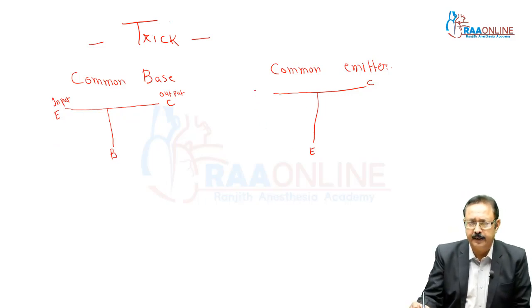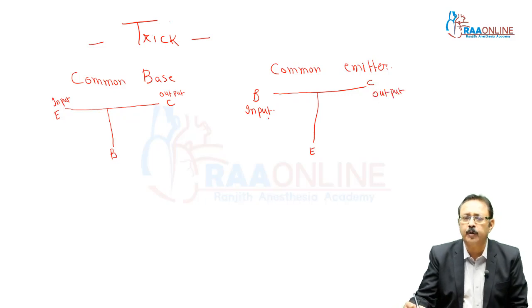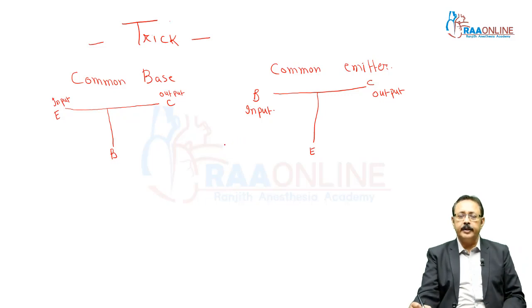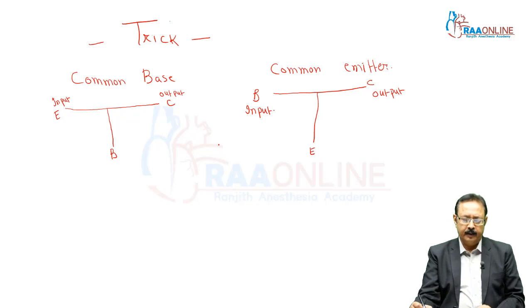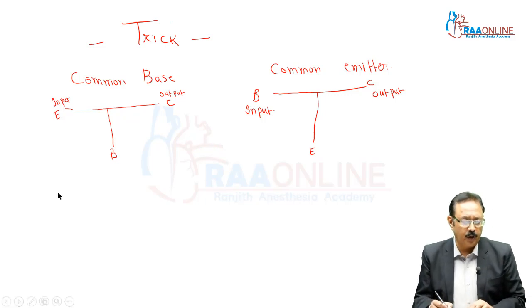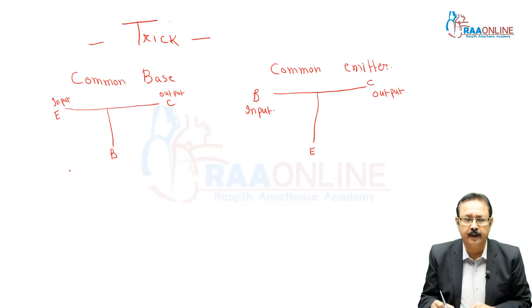What is remaining? Base. So in this, base is input. So if I am talking about input resistance in common emitter, it should be the resistance of base. So remember this.